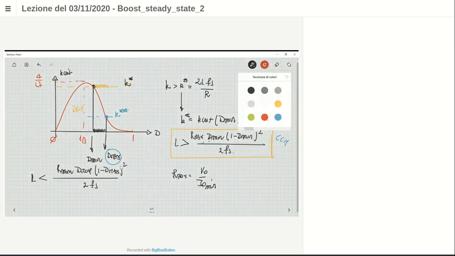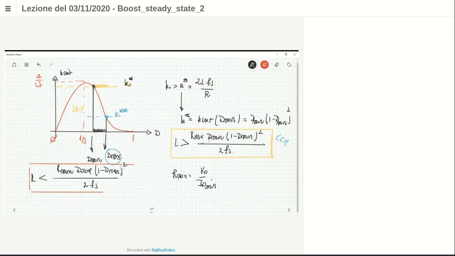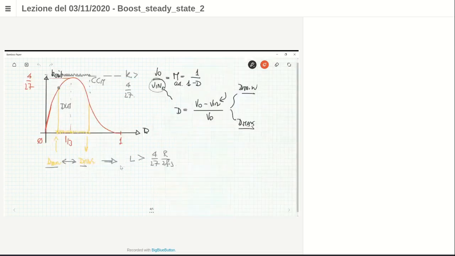This is for the operating mode. Even in this case, I can say, for example, L higher than 4 divided by 27 times R divided by 2Fs, this one.